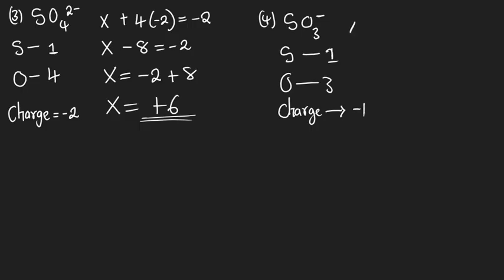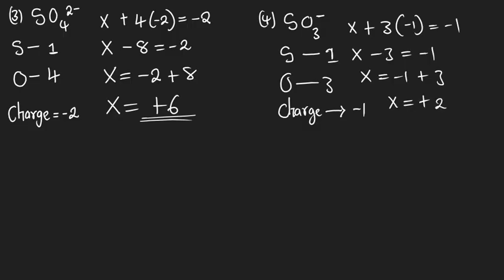So this is going to be x plus 3 times -1 equal to -1. So this is going to be x minus 3 equal to -1. So x is equal to -1 plus 3. So x is equal to +2. Very good. This is the oxidation number for sulfur in that particular compound.